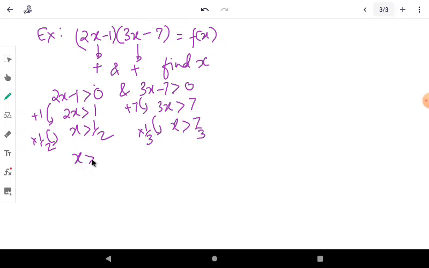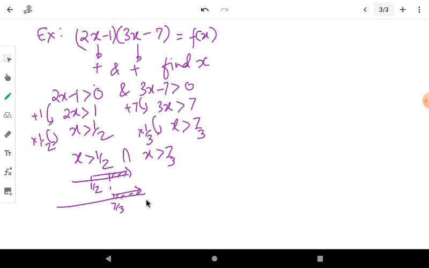So x greater than half and x greater than 7 by 3. What is the intersection of these two? The common solution would be x greater than 7 by 3, guys.